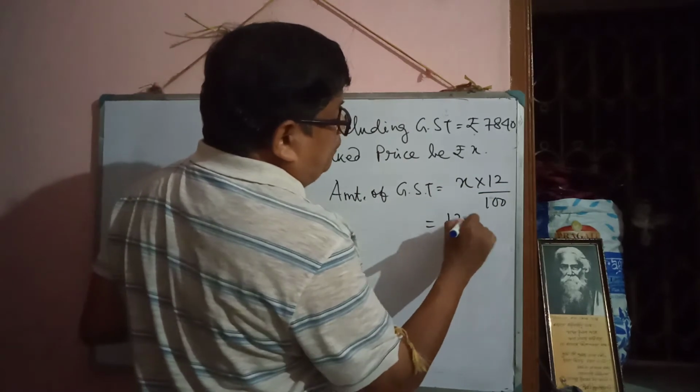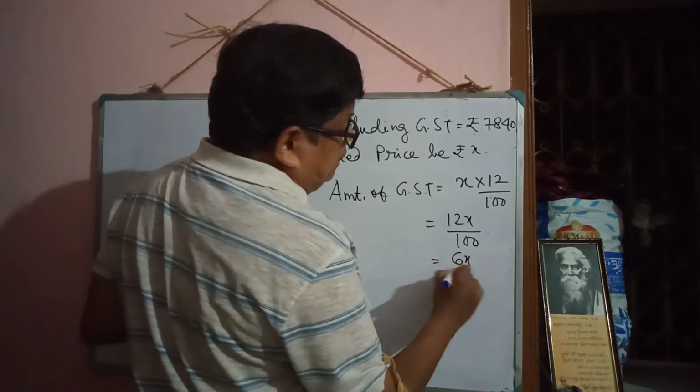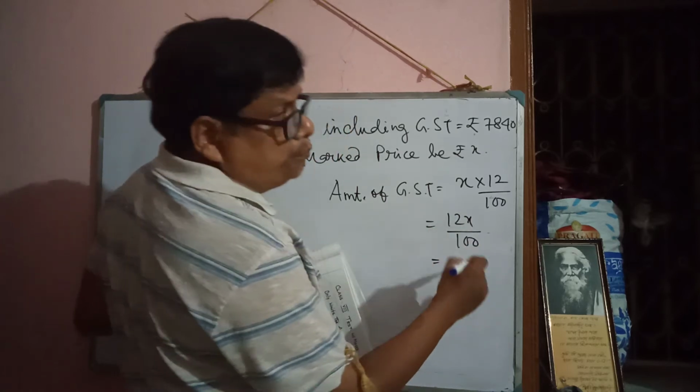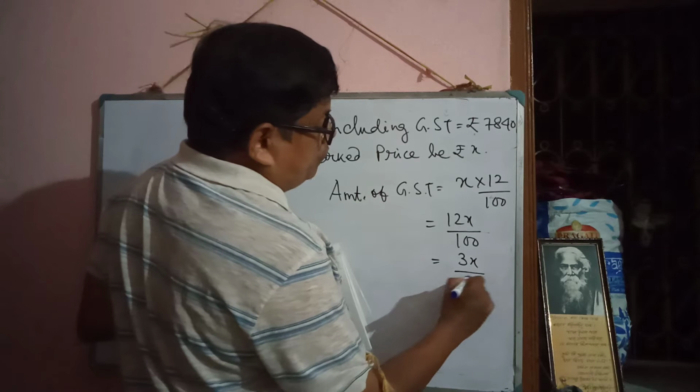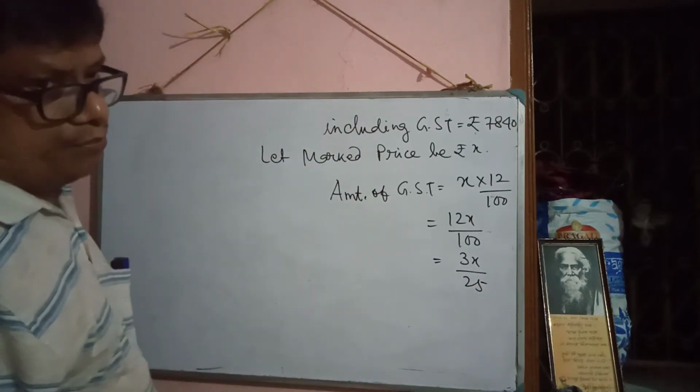So write 12x by 100. Okay, so 6x by 50, that is 3x by 25.